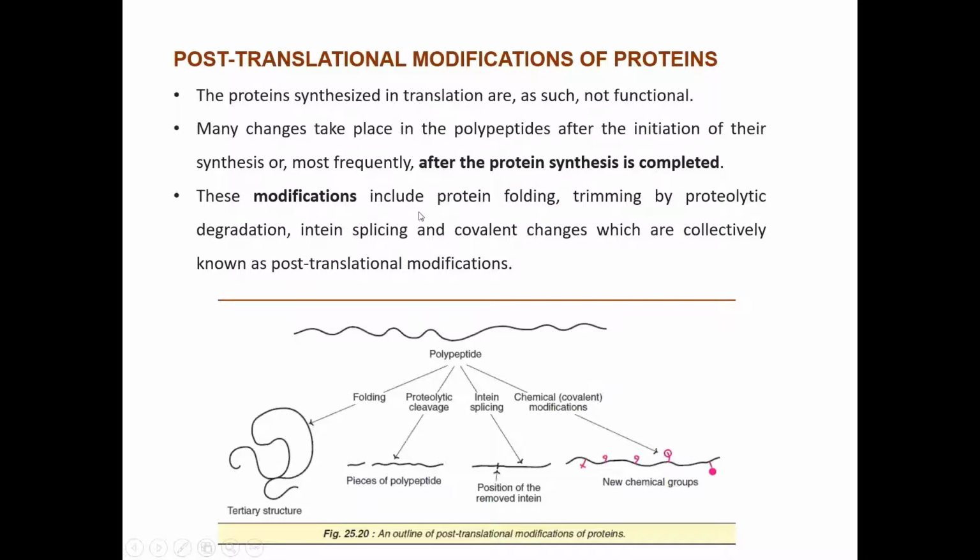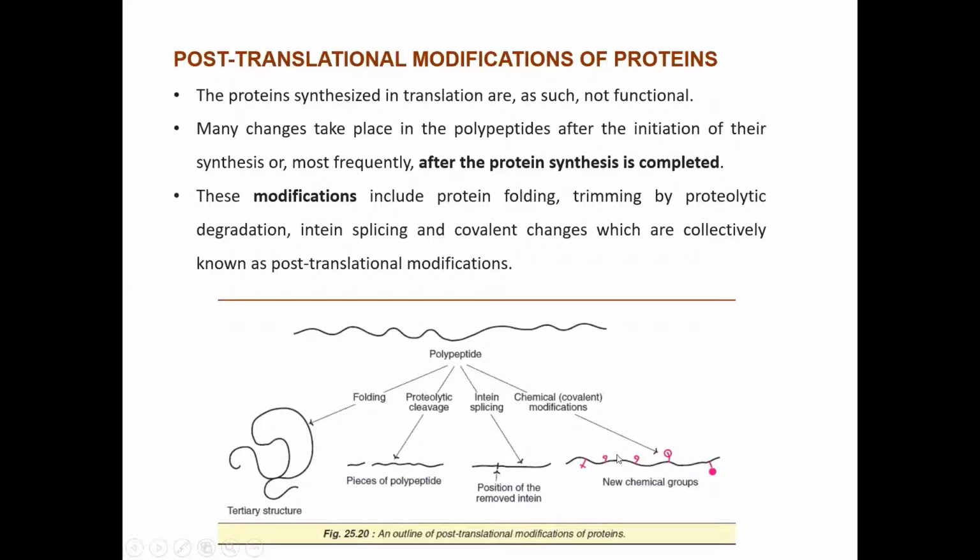And these modifications include trimming or cutting apart by proteolytic degradation, and intein splicing. As we had intron splicing, we have intein splicing, which is again a region which is not the active part, or which is not required in the active protein structure. There could be some covalent groups added or removed, like phosphorylation, addition of a phosphate linkage, etc., and all of these are collectively known as post-translational modification.